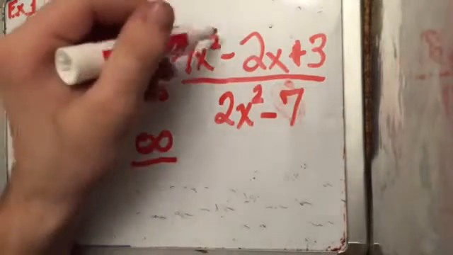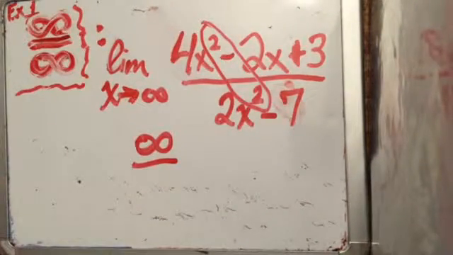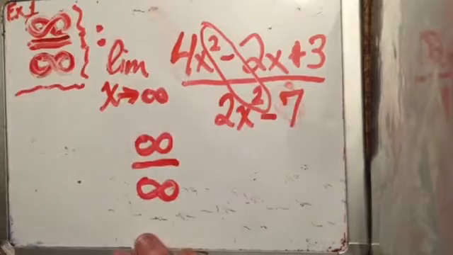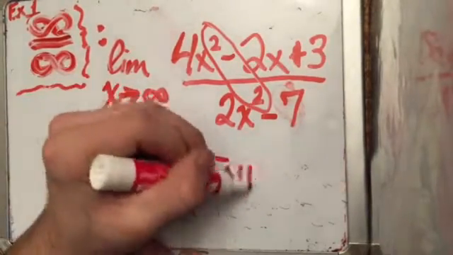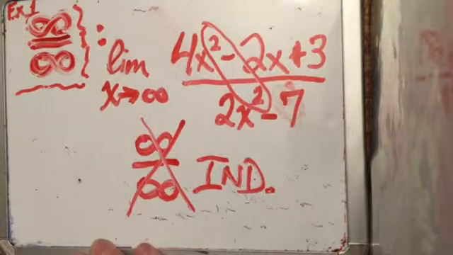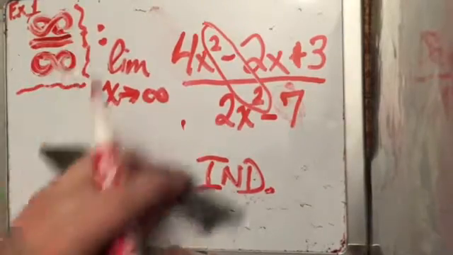The exponent in the numerator equals the exponent in the denominator, so they both approach infinity, giving infinity over infinity. That's not a value we want, so we're marking it as indeterminate. And so to continue, now we're going to use L'Hopital's rule. This is just how the steps go.